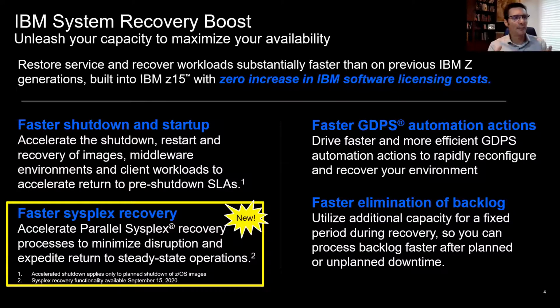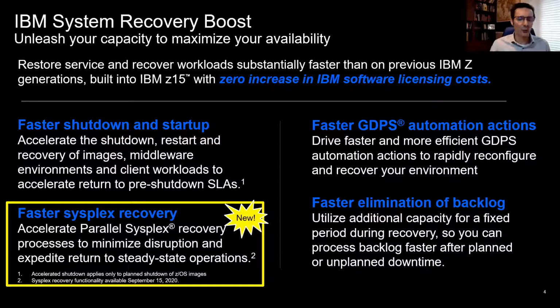There's a base component of System Recovery Boost that is available to everyone at no additional charge. The goal of it is to give you extra horsepower to deal with some of these service and recovery issues on your system without impacting your IBM software licensing costs. Okay, so you're given more horsepower, but you're not going to be charged for that extra horsepower during these things called boost periods.